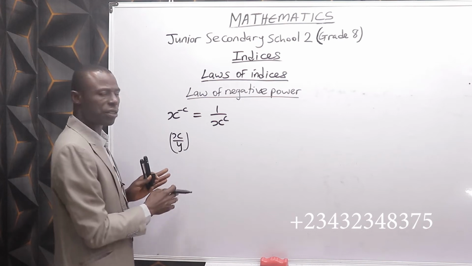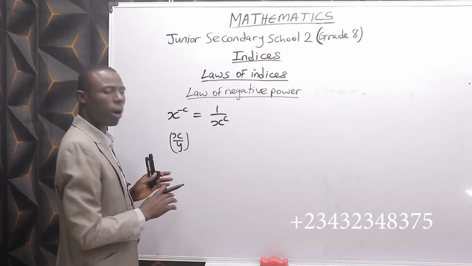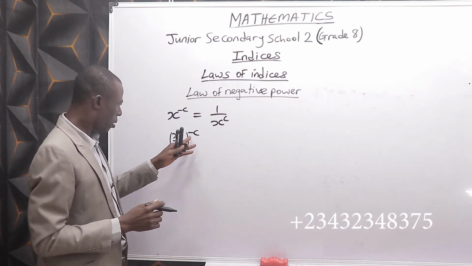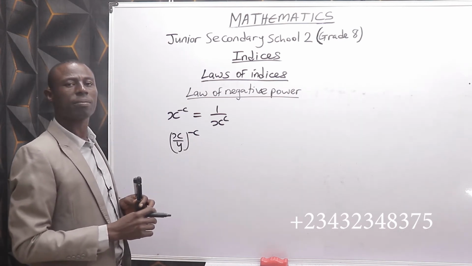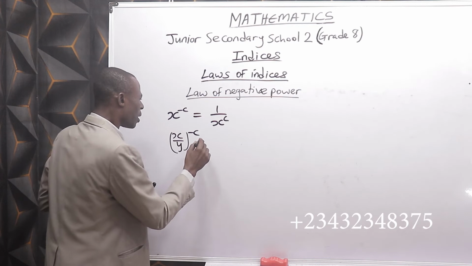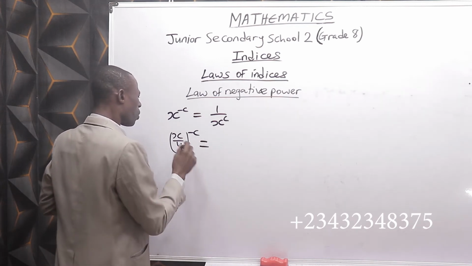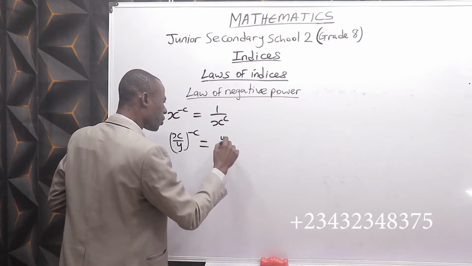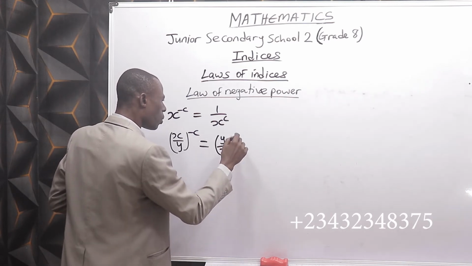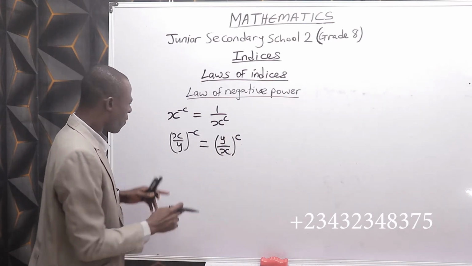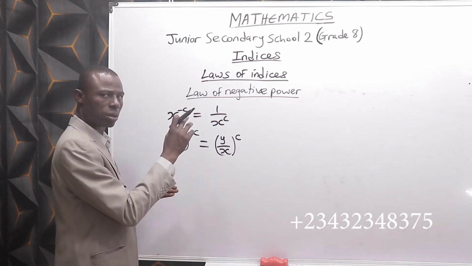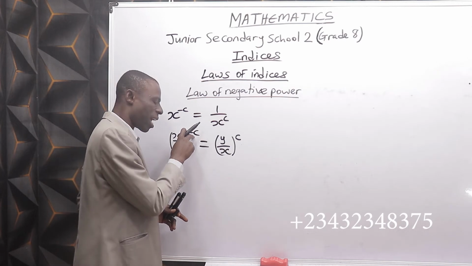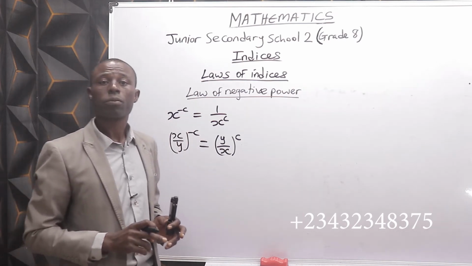But when you have a fraction like x over y with negative power, let's say negative c as a power, in indices, we express it as y over x raised to power c. We find the inverse of the fraction, and that will inverse the arithmetic sign of the power as well.